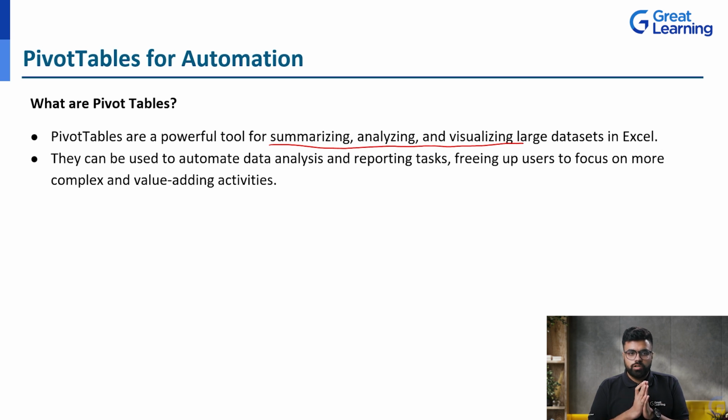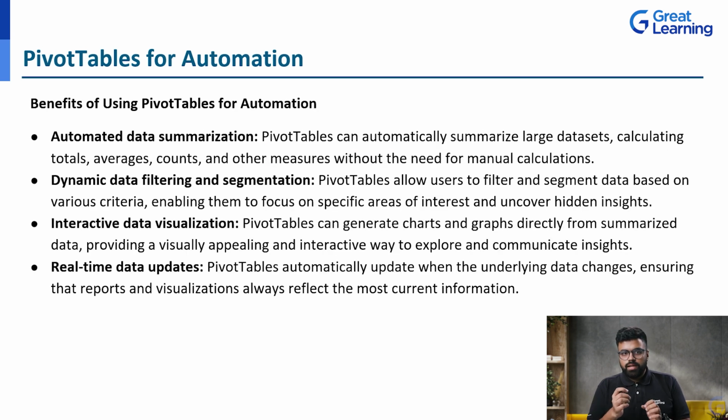So what can they do? They can be used to automate the data analysis and reporting tasks, freeing up the users to focus on more complex and value-adding activities like creation of problem statements, if any, right? So in that case, you can really automate your work to another level. Then what are the key benefits of using pivot tables for automation? Number one is automated data summarization.